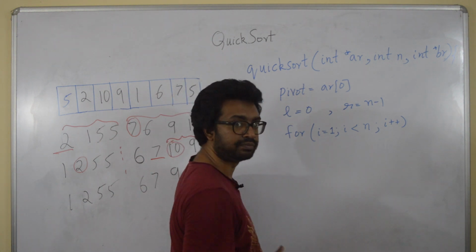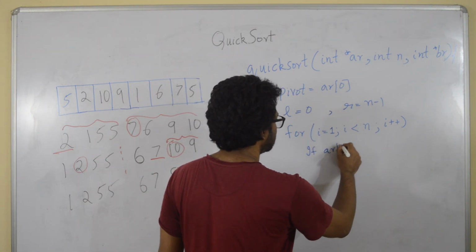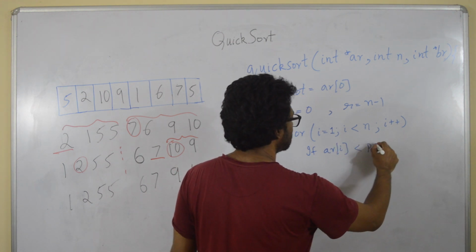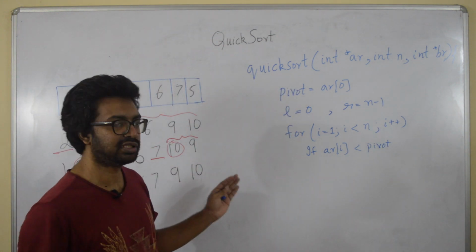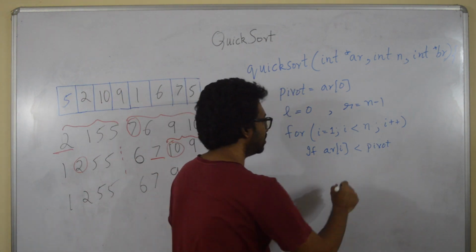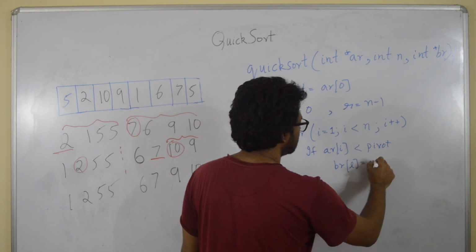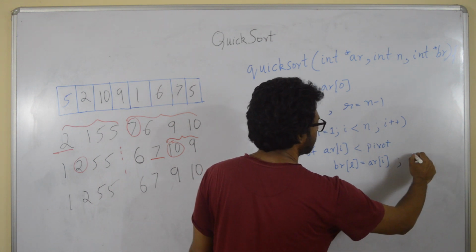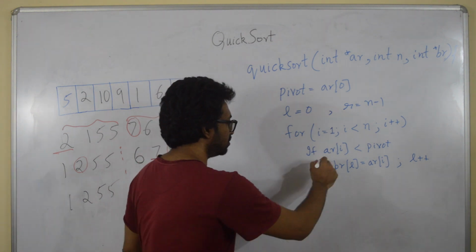I compare. I just check if AR of I is less than pivot. What is it I have to do? If AR of I is less than pivot, I have to put it on the left side. So I'll copy BR of L is equal to it, and then I also have to do L plus plus.